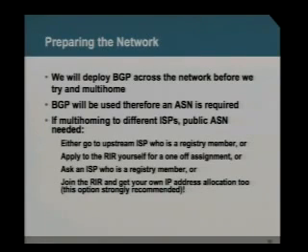Apply to the registry yourself for a one-off assignment. I don't know if ARIN supports that, but certainly some of the other registries will do that. Ask an ISP who is a registry member, any old ISP. That can usually work as well. You can become a customer of them. Or, in fact, the best option is to join the registry yourself and get your own IP address allocation. Multi-homing with other people's address space is hard.